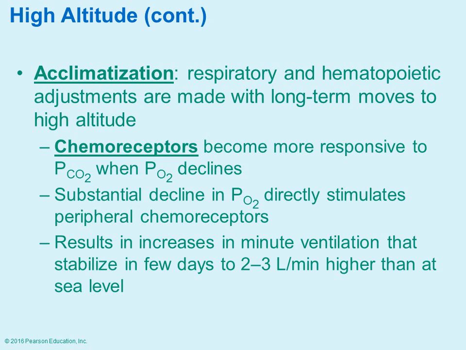If you increase the amount of red blood cells, that means there's more hemoglobin to bind more oxygen, and that's one way that you will adjust for it. The chemoreceptors are going to become more sensitized or more responsive to the partial pressure of carbon dioxide, which is going to increase when oxygen decreases. So it's going to stimulate it.